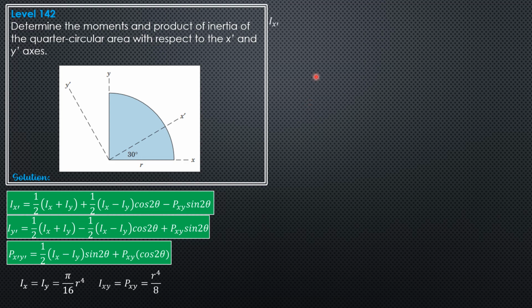Substitute: I sub x prime equals 1 half of quantity pi r4 over 16 plus pi r4 over 16 plus 1 half of quantity pi r4 over 16 minus pi r4 over 16, so that would be 0, cosine of 60 degrees, minus r to the fourth over 8 sine of 60 degrees. So this part is 0. This is pi r4 over 16.